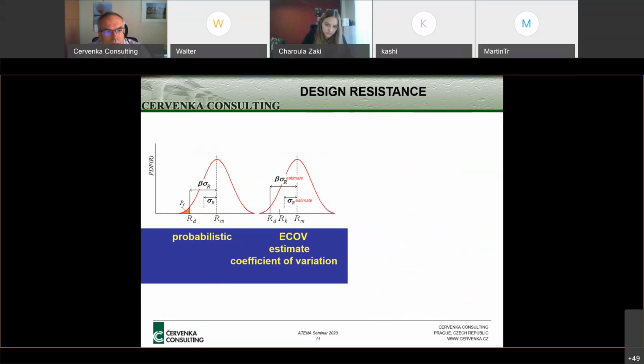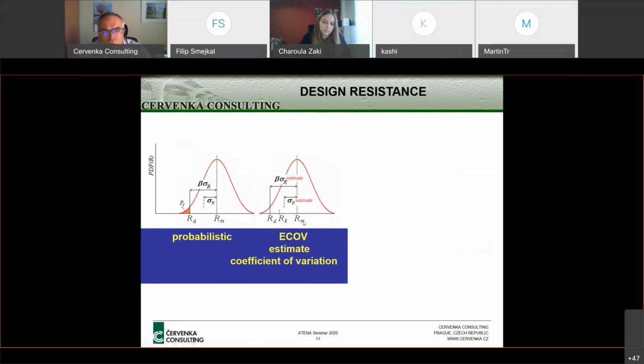If you think about design resistance, and if you think about the probabilistic distribution, then if we make a full probabilistic analysis, we really calculate the distribution of the strength of our structure, and we can consider the required probabilities of failure, and we can really make a good estimate of the RD, design strength of our structure.